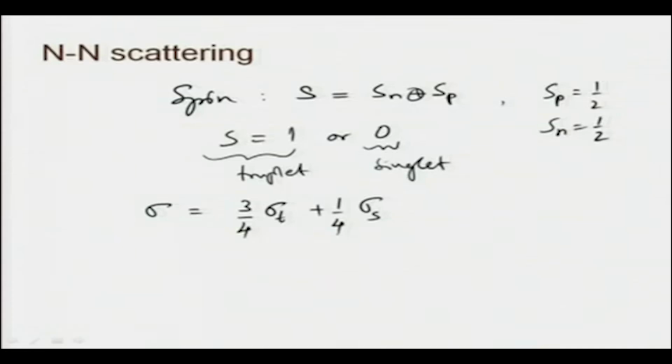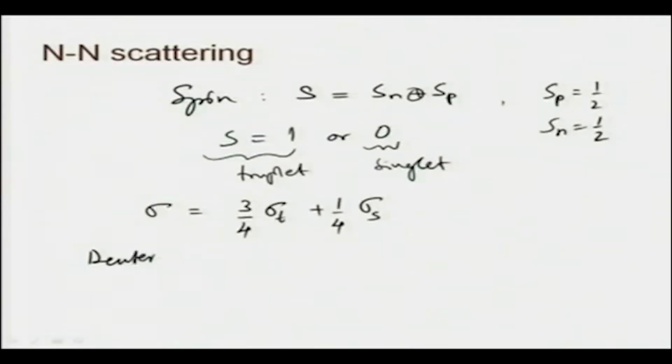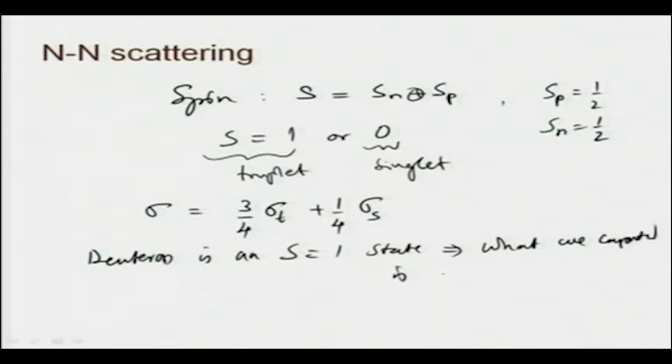Remember, when we computed this, we actually used the information obtained from the deuterium bound states, and deuteron is an S equal to 1 state. So, what we computed is actually sigma_t, which is equal to about 4.6 barn.